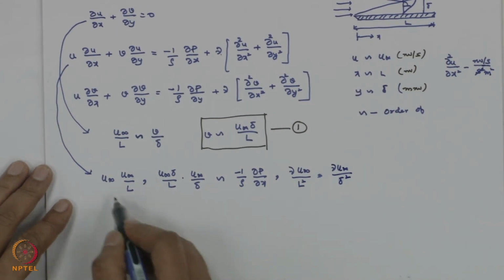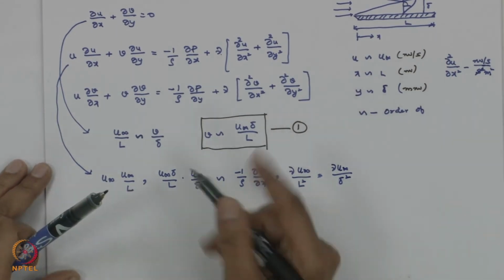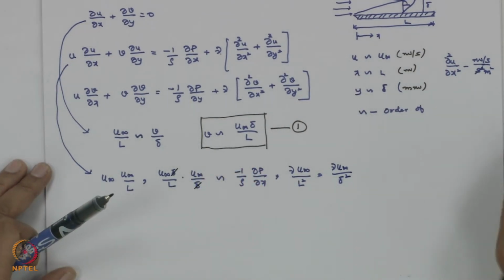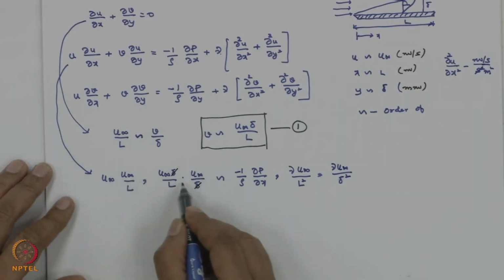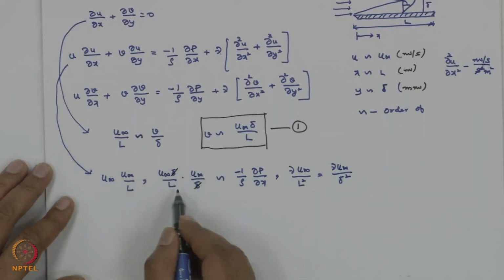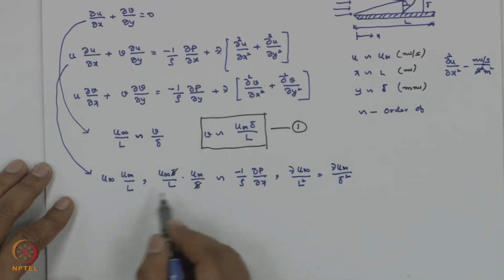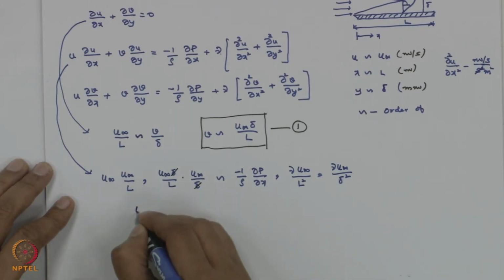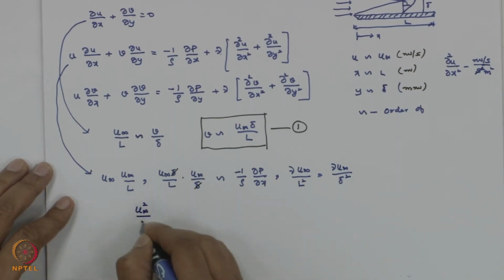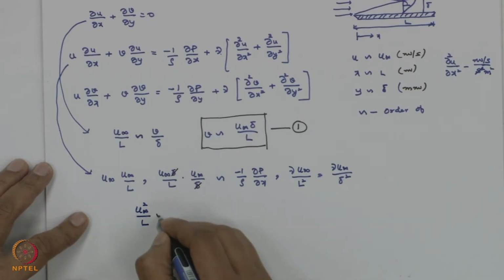On the left hand side, delta gets cancelled out, so you get u infinity squared by L, both terms, which means both are important; you cannot throw out any of them. The left hand side scales to u infinity squared by L, of the order of minus 1 by rho del p by del x.